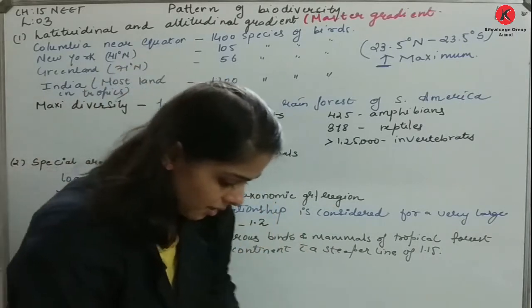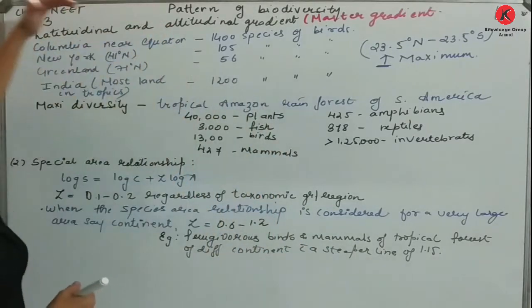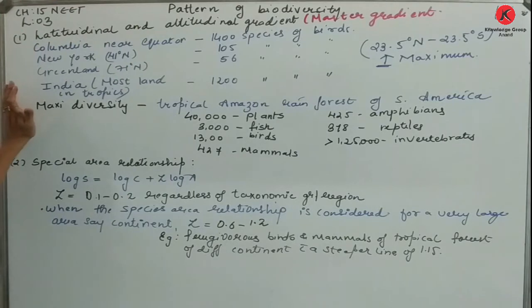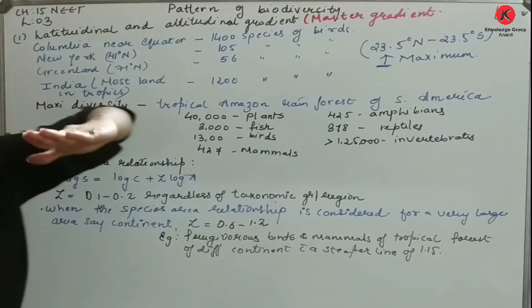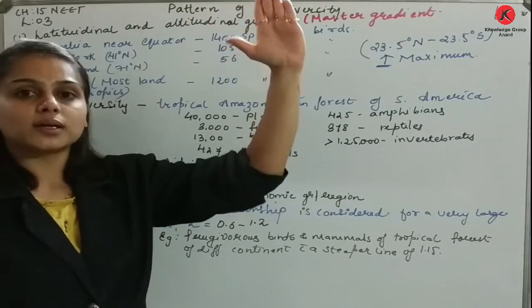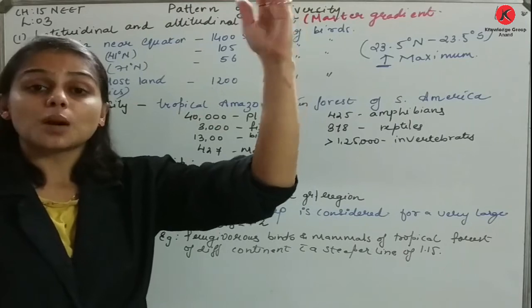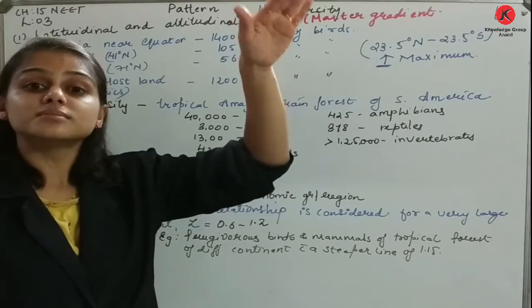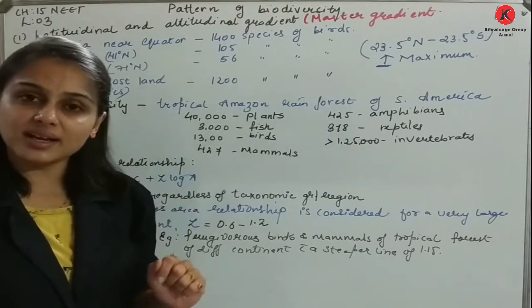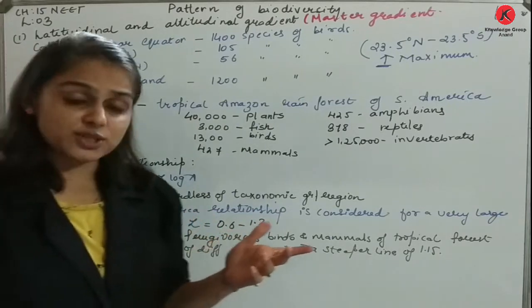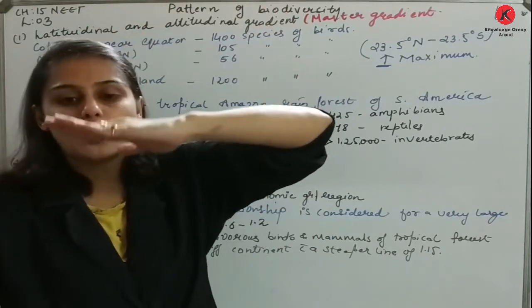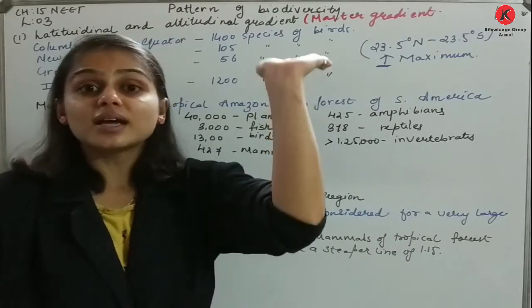Dear students, here I have mentioned what is there in our NCERT textbook once again. What is latitudinal gradient? As we move away from the equator, that is equator, tropics, temperates, pole, biodiversity decreases. Am I clear? If someone asks you, as you are moving from pole to equator, biodiversity increases.